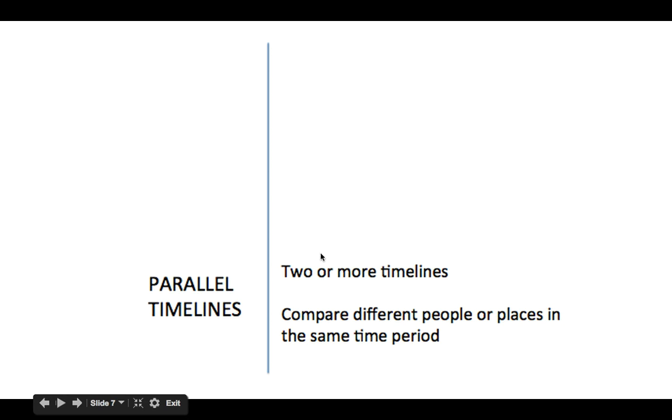Parallel timelines are 2 or more timelines that are next to or on top of each other. They look just like parallel lines in math class. You use them to compare different places or different people that live in the same time period. Press pause if you need more time to write.